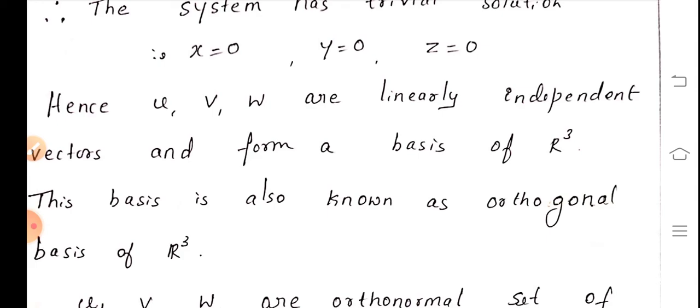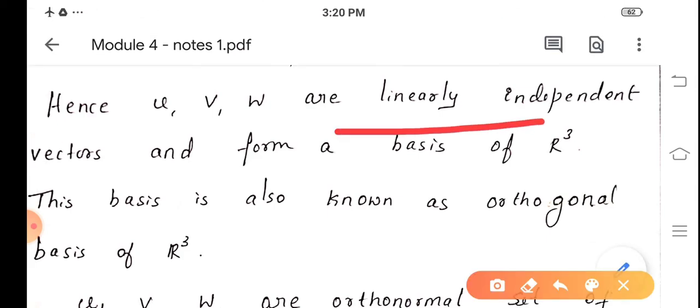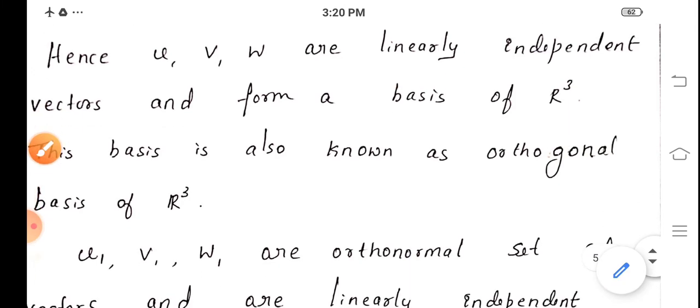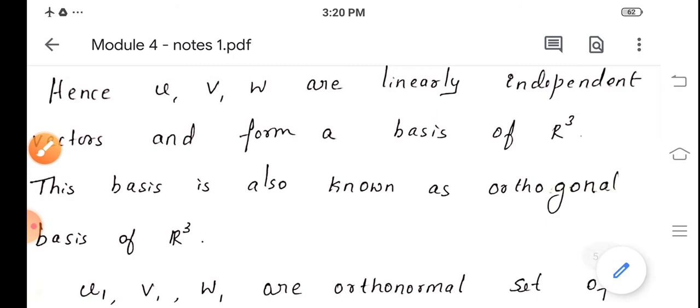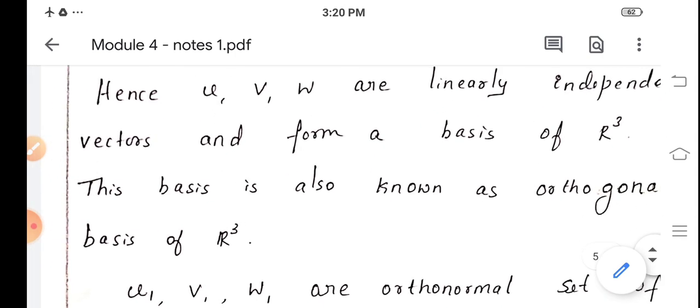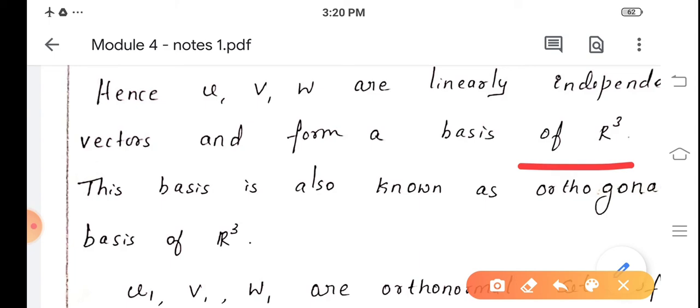Then we can say that u, v, w are linearly independent, and they form a basis of R3 because, using the result, any linearly independent set of n vectors forms a basis of Rn. So here u, v, w are 3 vectors. These vectors are linearly independent. Therefore, they form a basis of R3.